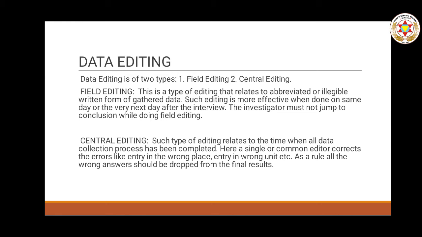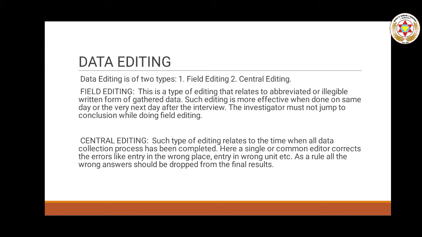The investigator must not jump to conclusions while going through the field editing. In this review of the reporting form, the investigator needs to go through the respondent's responses and then edit the necessary information that was not done properly.